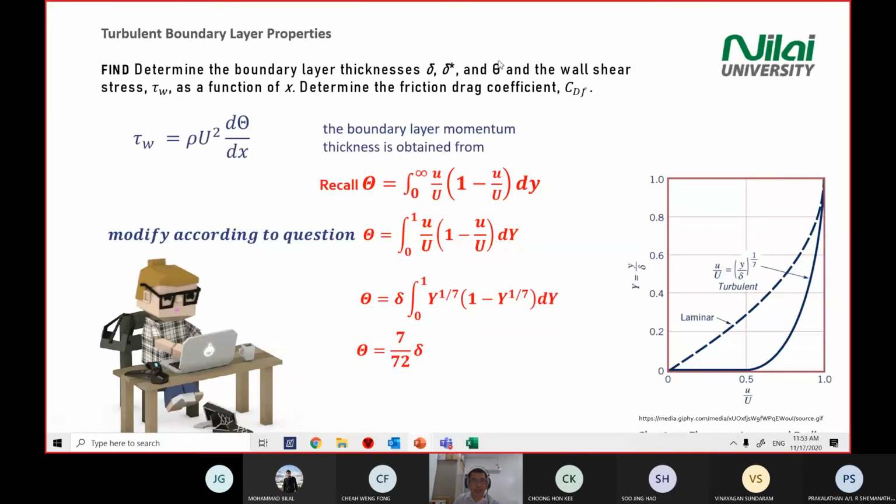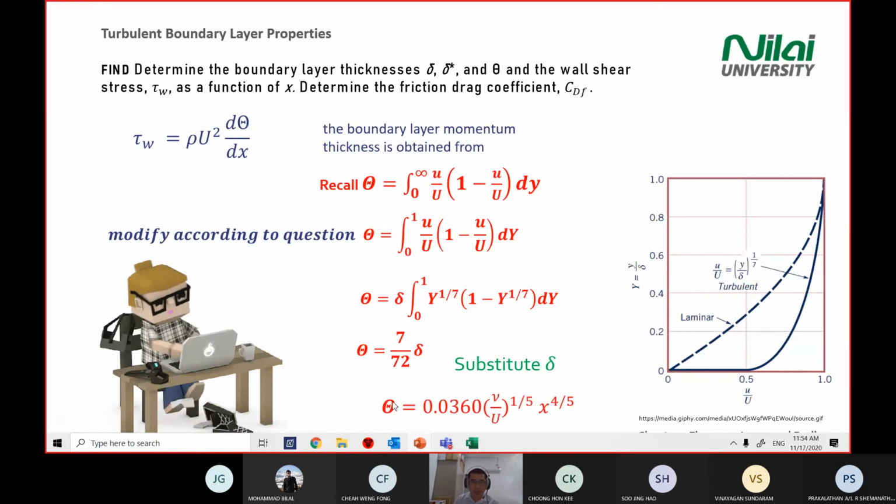Then for the last term here, your momentum thickness, you just again plug in, you'll get your momentum thickness equal to 7 divided by 72 of the thickness. You substitute what you found for your thickness just now, the lengthy equation. Substitute back here, you will get this term.